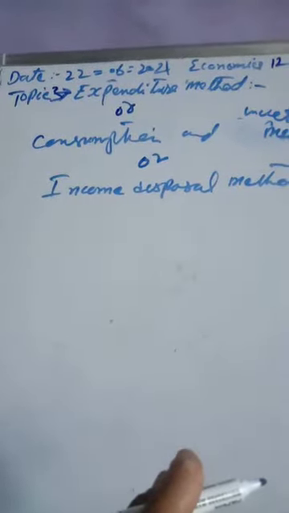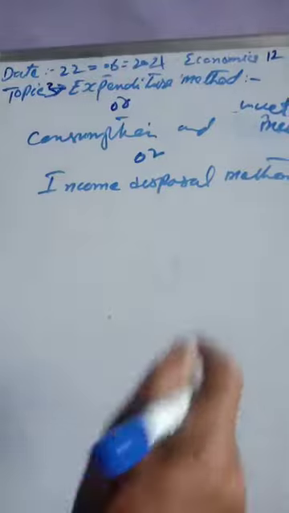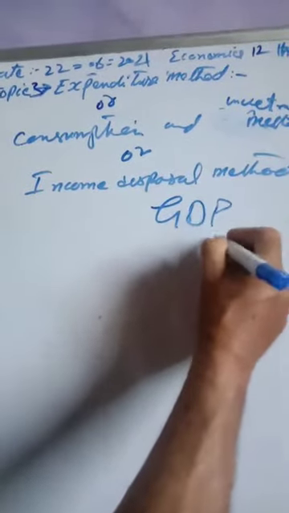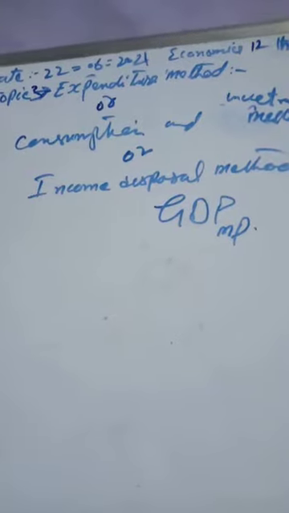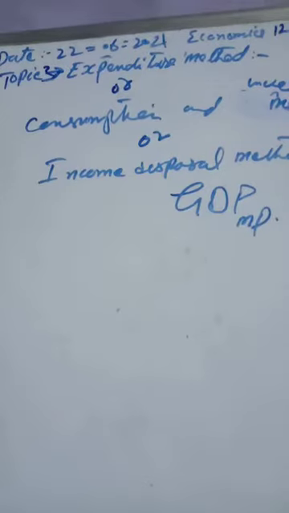Final expenditure during an accounting year is equal to GDP, gross domestic product, at market price. Now, the details of all these are given.